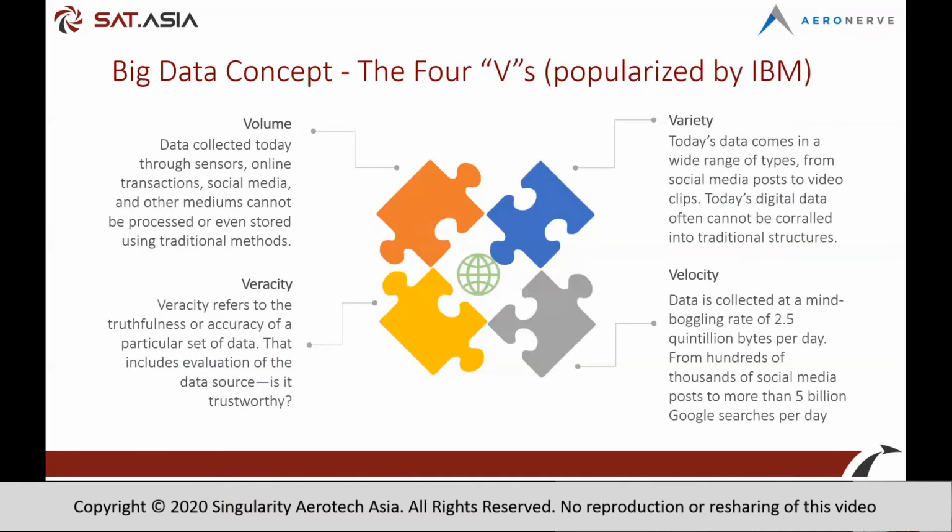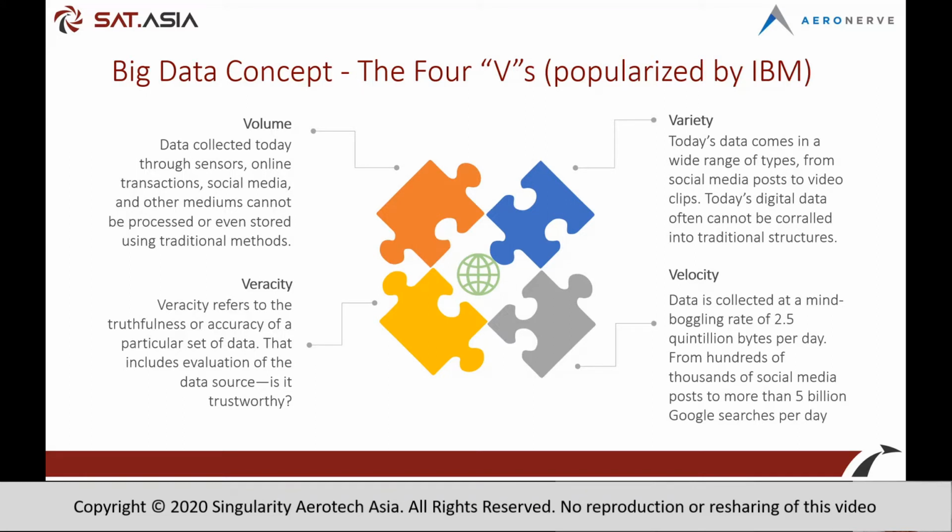Okay. And big data, if I wanted to explain to people the concept of big data, there is one very popular concept, and it's actually popularized by IBM. The concept is called 4V: volume, variety, velocity, and veracity.